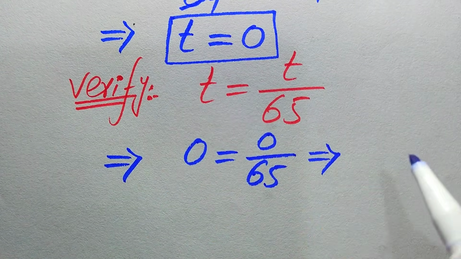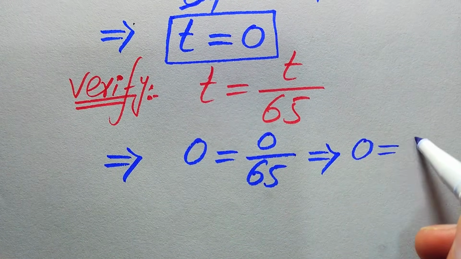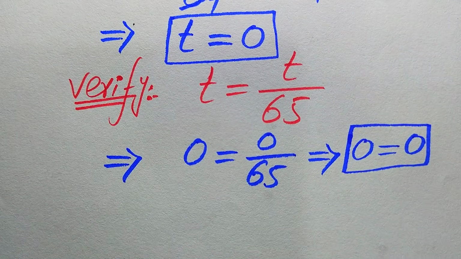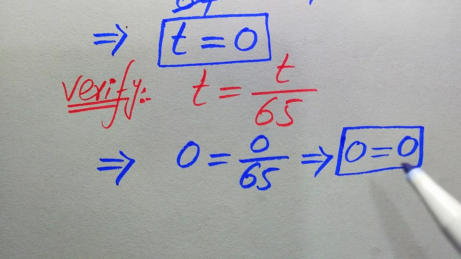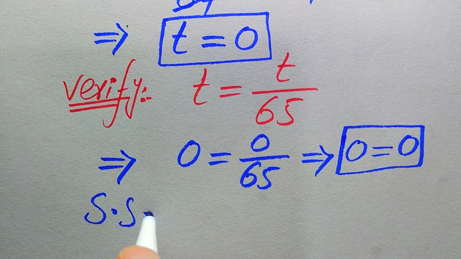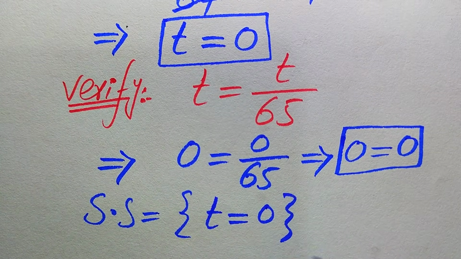When we divide 0 by any other number, we always get 0. So here we get 0 equals 0, which shows that both of the sides are equal. It means that t equals 0 satisfies our given question statement. So finally, the solution set of the given question is t equals 0.